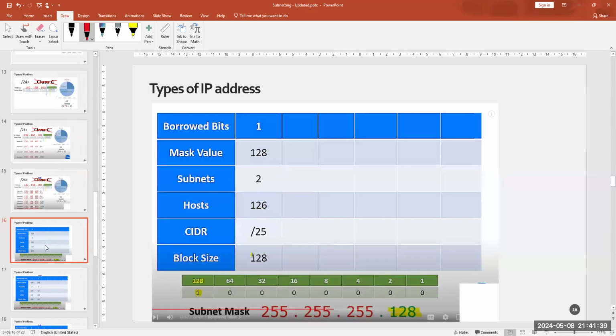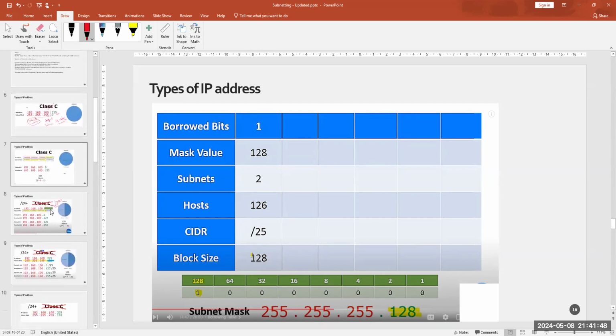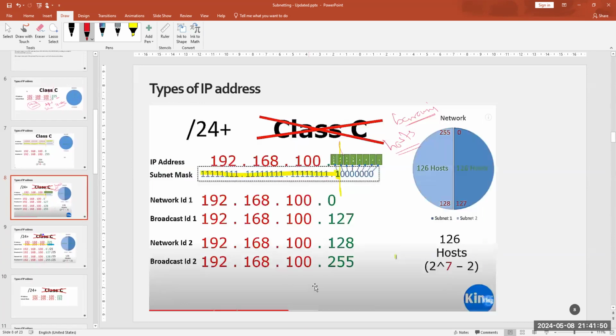So if I am creating these 2 subnets, what is this 128 called? That is the block size, right? If the block size is 128 over here, then what will the IP addresses be? The network IP address will start from 0 till 128, because here I am saying block size is 128.